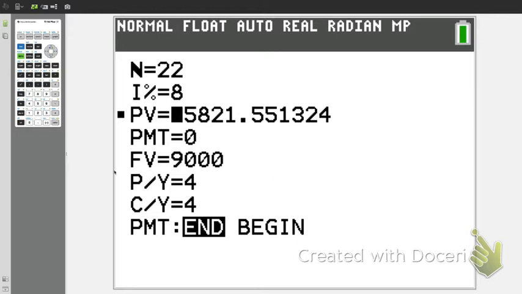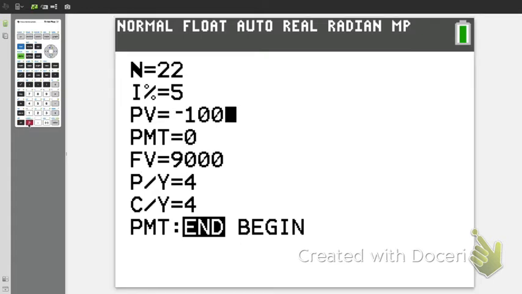All right, so things we need to have in there. We are investing $100, which goes in as negative 100. We are still not having a payment. We are finding the future value, and it says after how many years? The first one is 1 year, so we do n is 1.